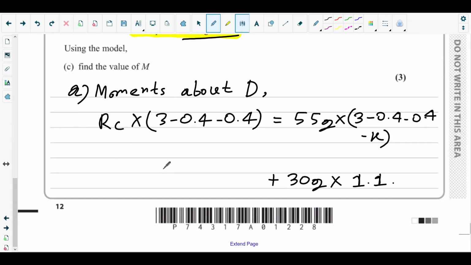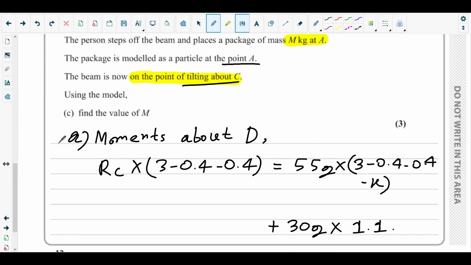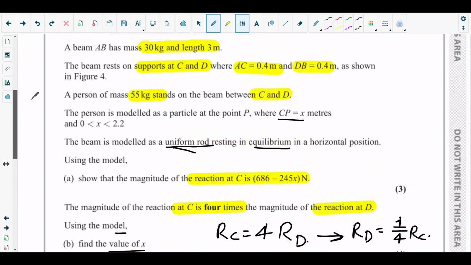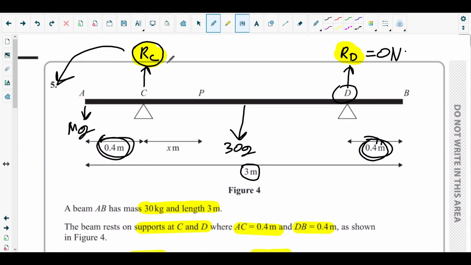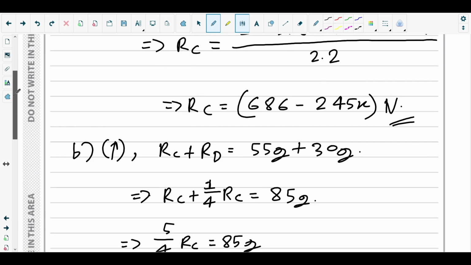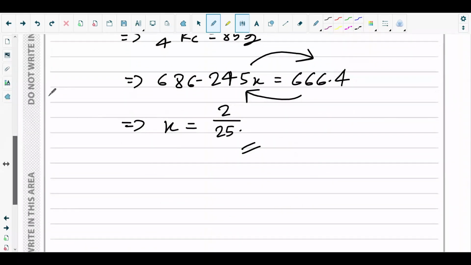Okay, part C asks to use the model and find the value of m. This is very straightforward, very simple. Since the beam is on the verge of rotating about C in the anti-clockwise direction, we will consider moments about C to ignore its effect.